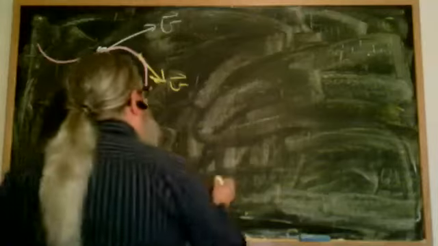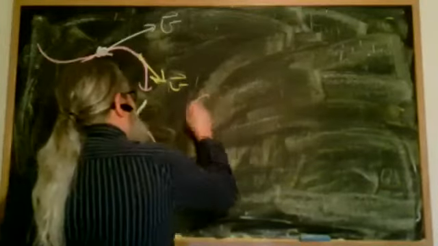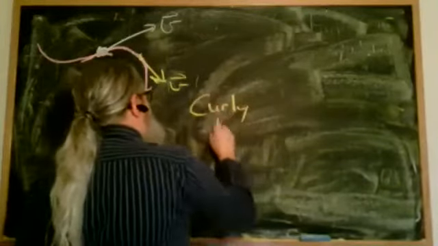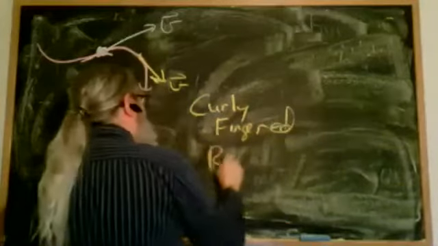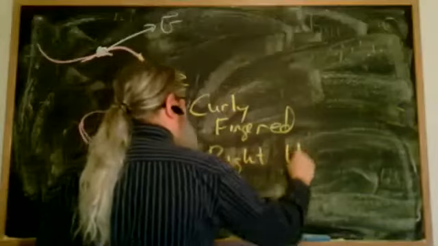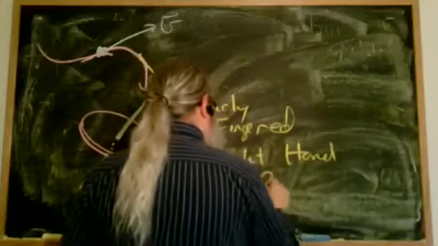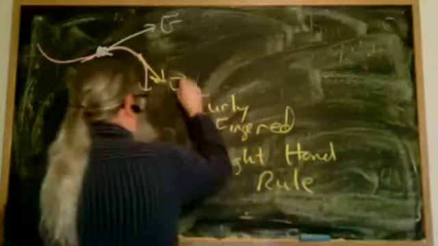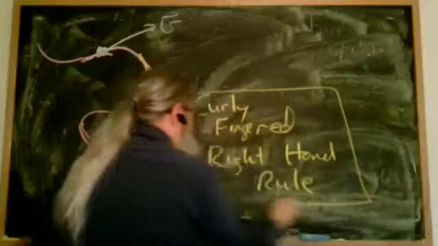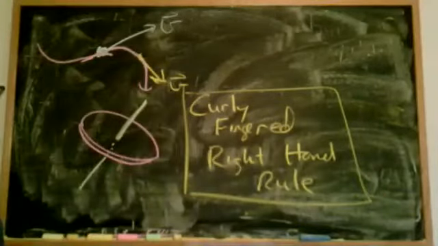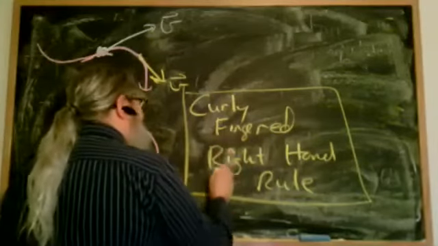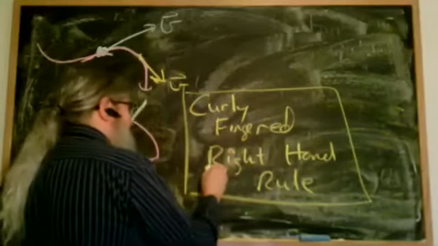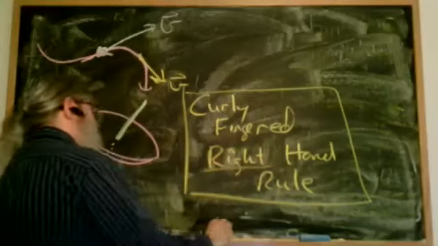So what are we all going to agree on? We're going to agree on something called the curly-fingered right-hand rule. Curly-fingered is my name for it. Here's the good news: in physics, it has nothing to do with biology. We've all agreed that whenever we get into this situation, we use our right hand to solve the problem.